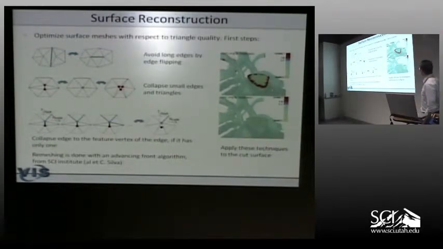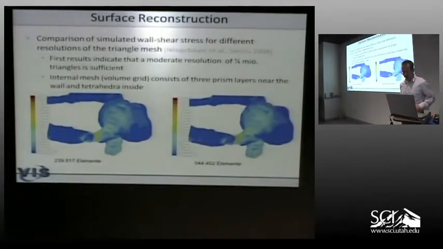And here you see one of the results. This was a surface model before remeshing, and the triangle quality was in particular bad at these clipping planes, and it could be significantly improved. This color coding here indicates that the quality is basically good if you see these colors, whereas yellow and magenta are bad and really would lead to problems in the simulation.